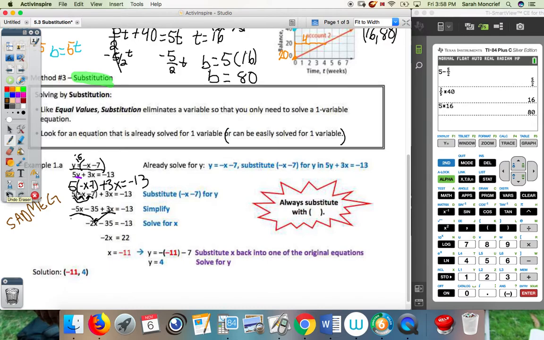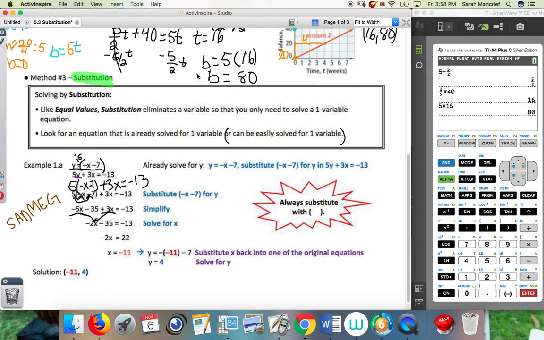Do I have any subtraction or addition happening to the term with the x? Yes, I have a minus 35. How do I get rid of a minus 35? That's right, you add 35 to both sides.